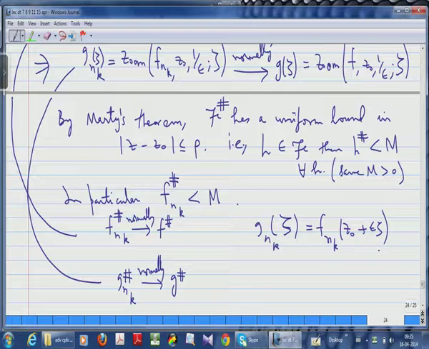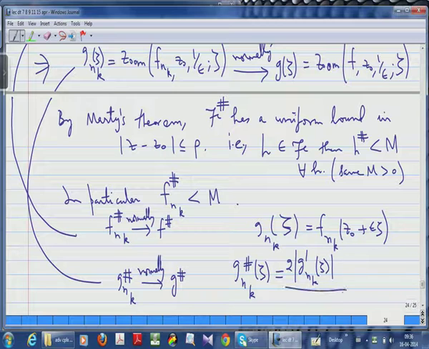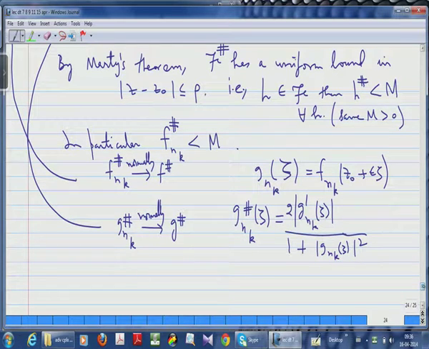This is a zoomed function. So what is g_nk# of ζ? By definition, it is 2 times the modulus of the derivative of g_nk with respect to ζ divided by 1 plus modulus of g_nk of ζ the whole square. This is the definition of spherical derivative.